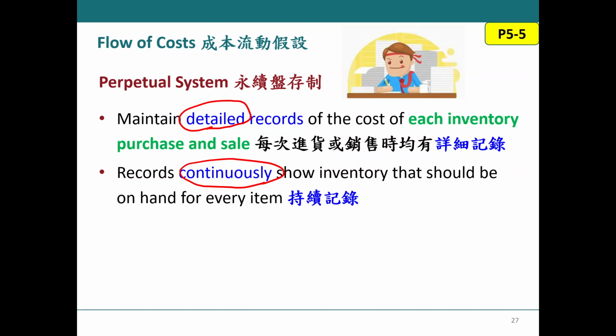I study every day after class, picking up the contents, so I do it continuously. Every transaction that happens, I do it. Here it tells you how often: when we buy the inventory, when we sell the inventory, every time a transaction occurs, I just do it.